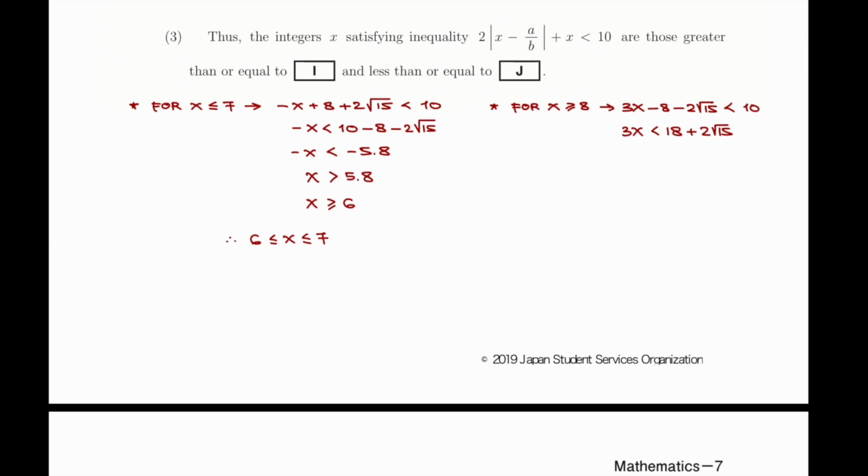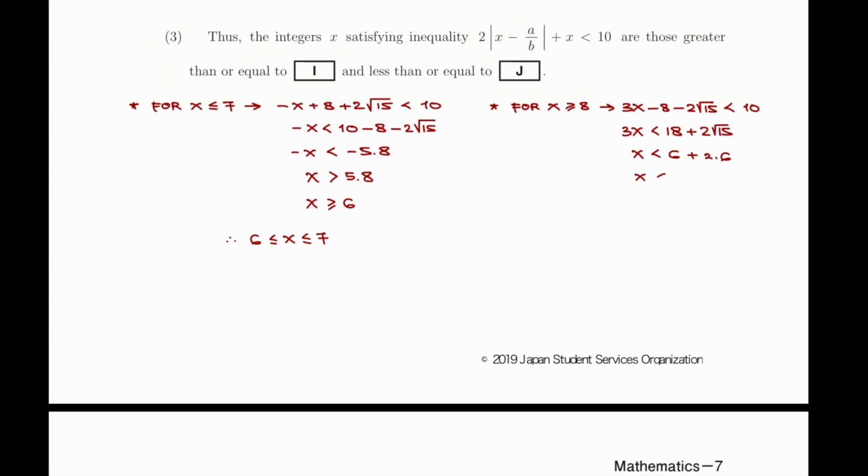And then if I divide by 3 on the right hand side, I will get 18 divided by 3, which is 6, plus 2 square root of 15 divided by 3. Square root of 15 is around 3.9, divided by 3 is 1.3. 1.3 times 2 is 2.6.